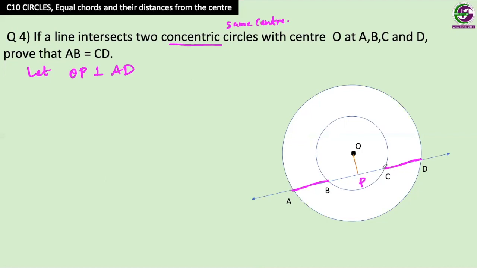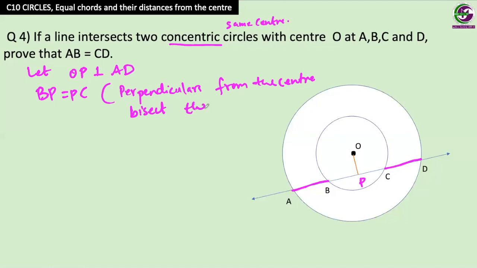Now, for the small circle, BC is a chord and it is bisected because it is a perpendicular. BP is equal to PC because perpendiculars from the center bisect the chord. Also, AP is equal to PD, the same reason in the large circle.